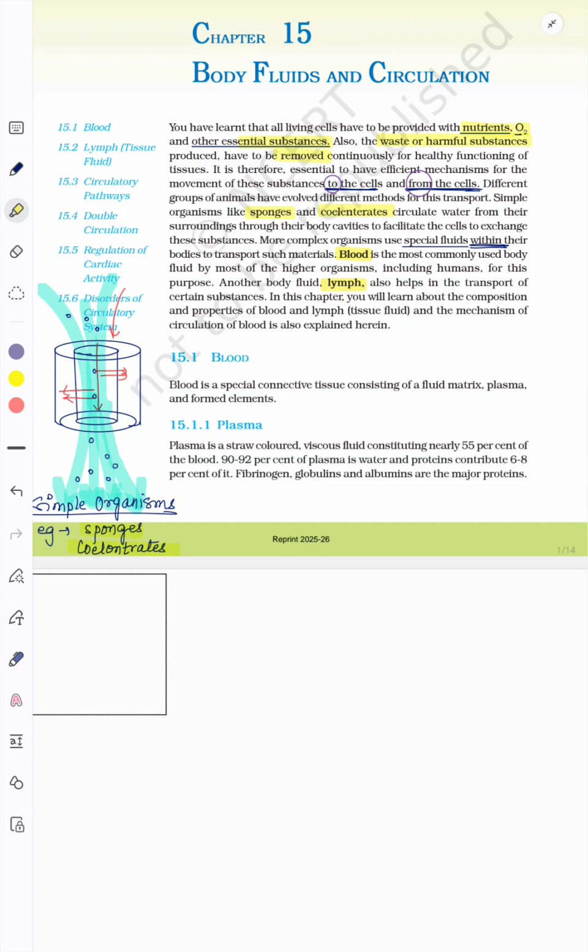Just like water enters into the body, leaves the body, meanwhile these organisms absorb the substances. While in complex organisms, what happens? There is a specific fluid that is designated to supply the nutrients, oxygen and essential substances to all the parts of the body, tissues, organs, cells, right? So blood is the most commonly used and the other one is lymph.